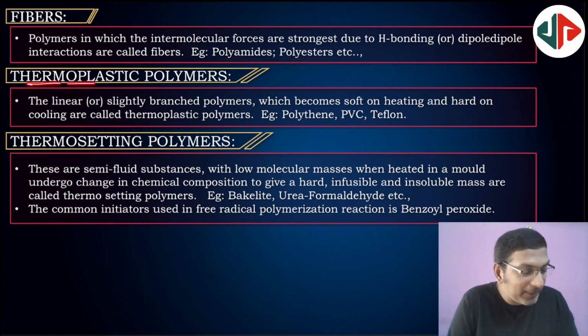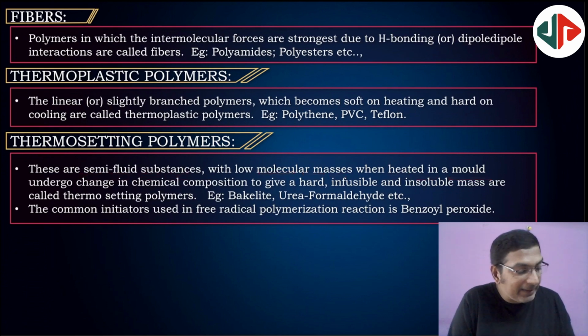Next, thermoplastics. Thermoplastics means linear or branched polymers. Branched means side chains. They become soft on heating and hard on cooling. Examples: polythene, PVC, Teflon and so on. Thermosetting polymers are semi-fluid substances with low molecular masses.